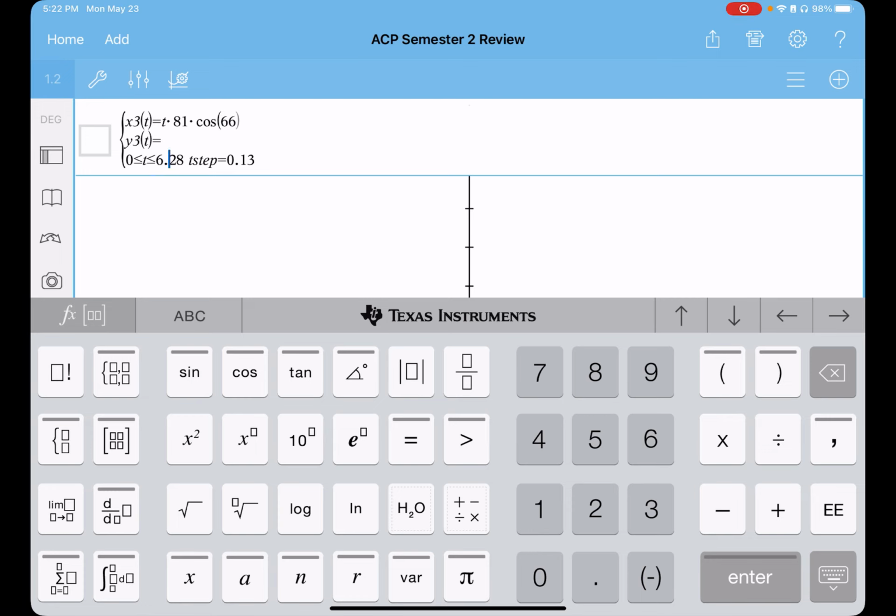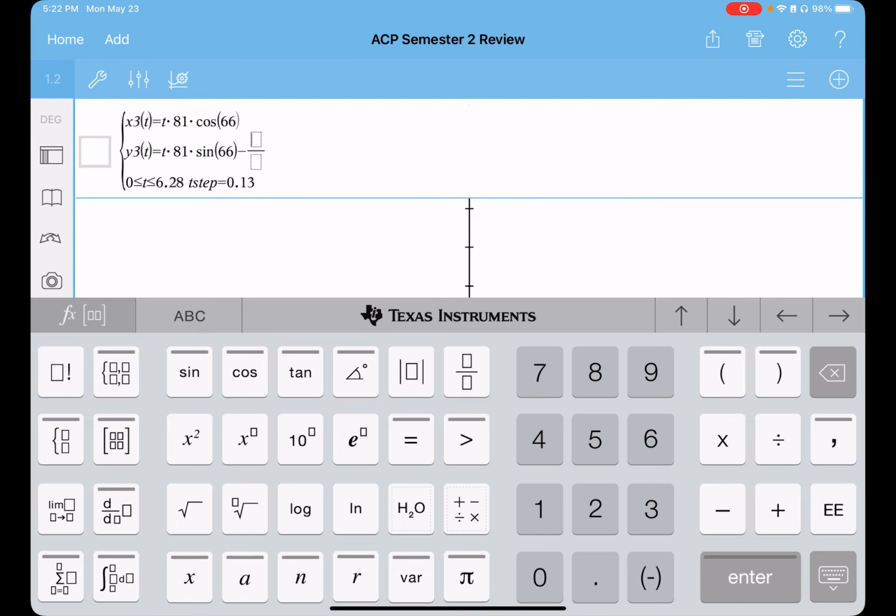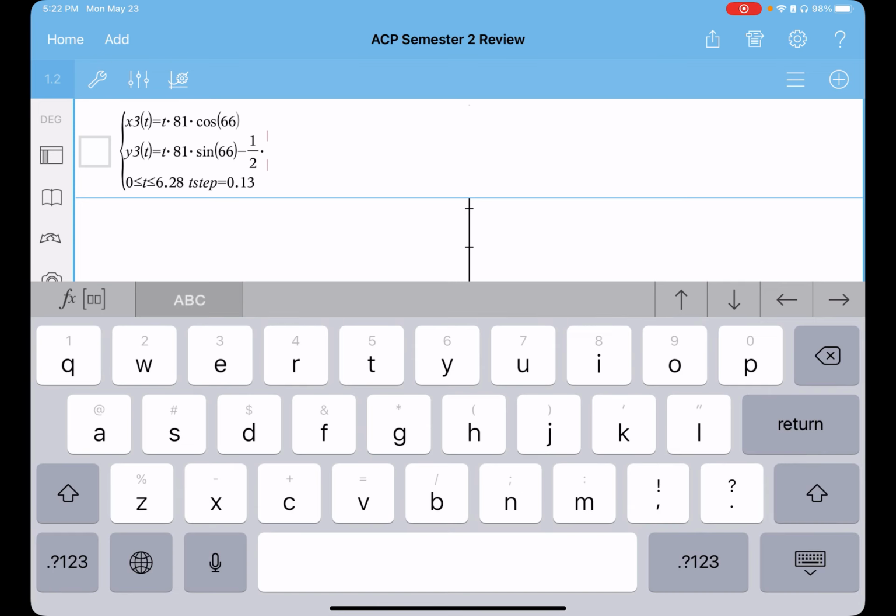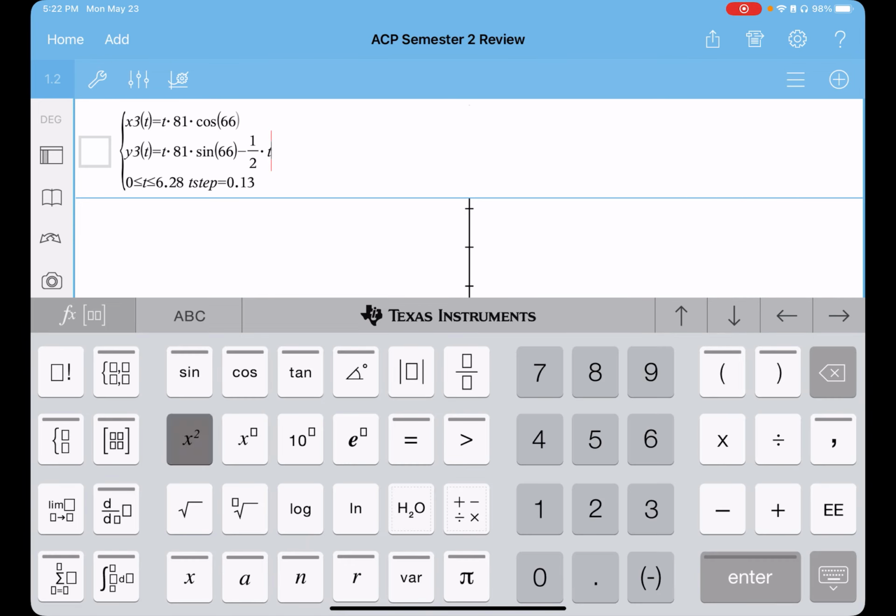And then for y, we have T times 81 times sine of 66 minus 1/2 times T squared plus 0.